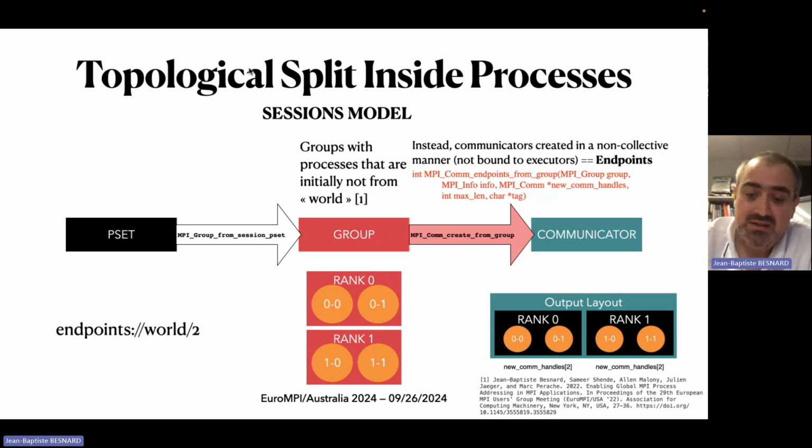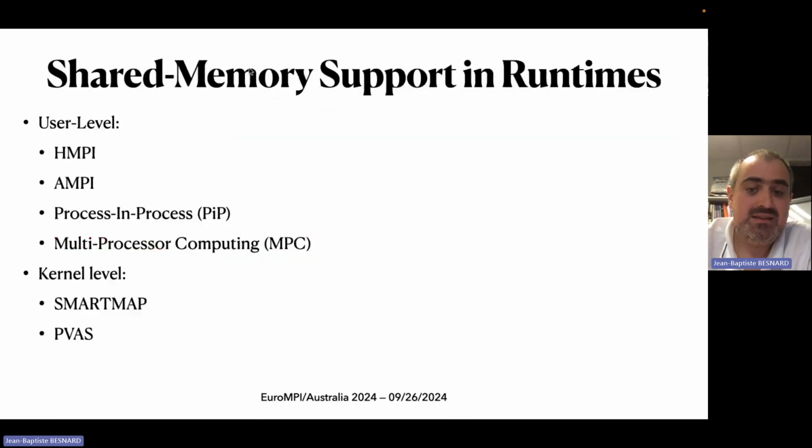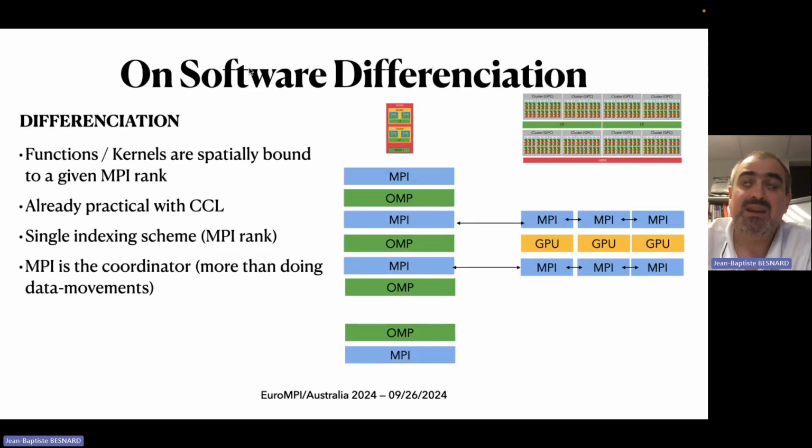Yet, in terms of coordination, and this is what I was outlining in the previous slide, I think it has a lot of merit to have a single index. Because if you do triple nesting, MPI plus X plus Y, we suffer from this indexing because we need to map the data recursively towards the GPU. And at the end, we don't know what is on the GPU and what is not on the GPU, because you need to split a lot and piecewise in a very impressionist manner. So this is where the merit lies.